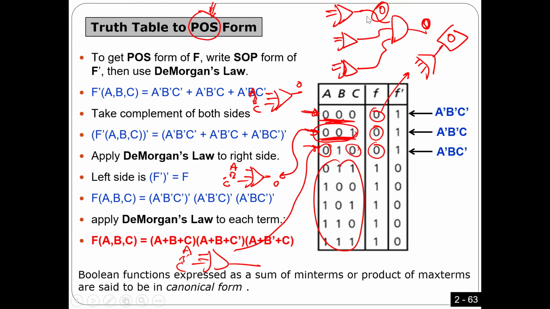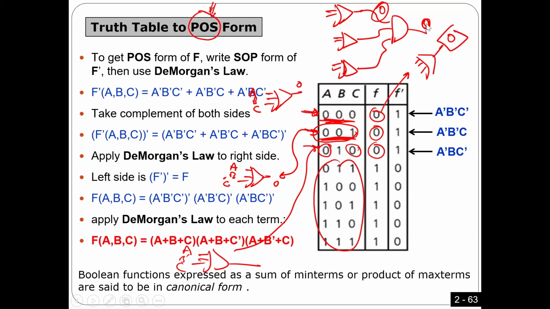Okay? So here, at least I need to receive 0 to get 0. So in one case here, because I have only 3 zeros, in this case, 0 will come from here. That's why I guarantee I get 0. In this case, if this is the input, the second OR is going to give me 0. That's why I guarantee I will get 0. In the third case, this OR gives me 0.